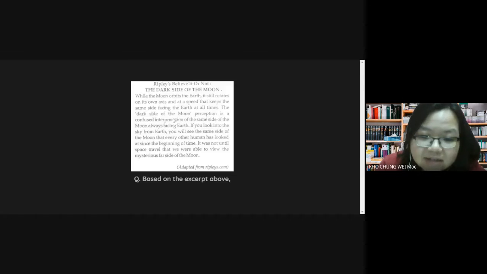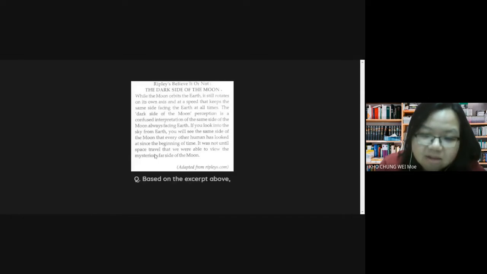The dark side of the moon perception is a confused interpretation of the same side of the moon always facing the Earth. If you look into the sky from Earth, you will see the same side of the moon. So the same side of the moon here is referring to the side that faces a human, not the dark side. Okay? The dark side is referring to the side that did not face human, did not face the Earth.